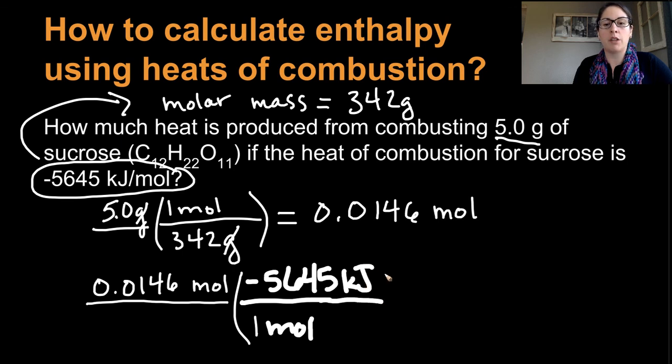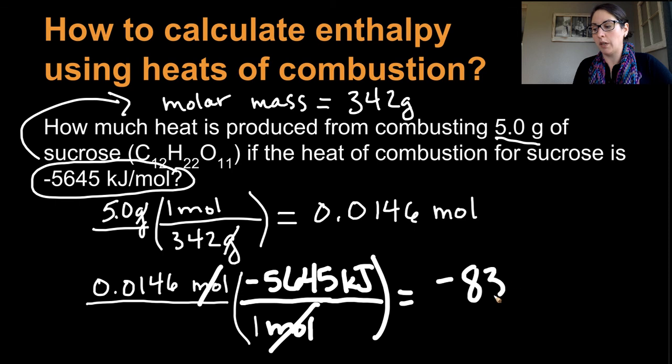I made my pen a little bit thicker there, but it'll work okay. So my moles are going to cancel here. If I take the 0.0146 and multiply it times my kilojoules, I end up finding out that this produces 83 kilojoules of energy.